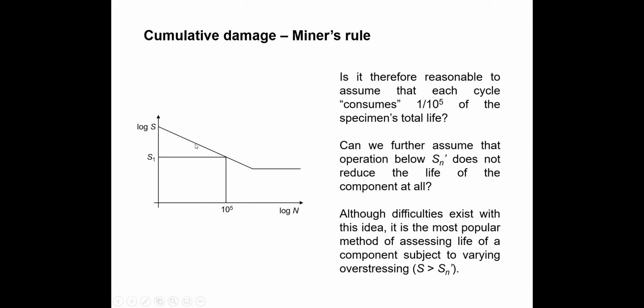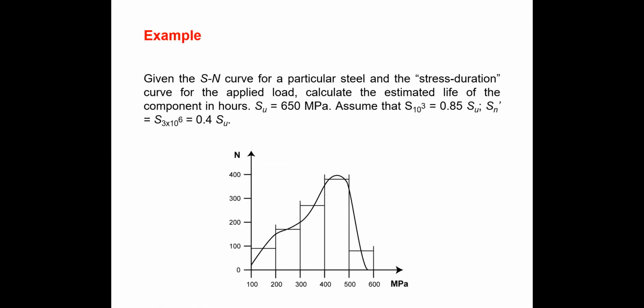For that, we should know that equation. With these questions, you can find out the S, that means the stress value, but you can't find out the N. This N is a simple n, okay? This is not the capital N.